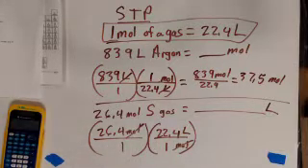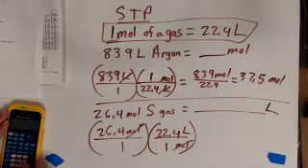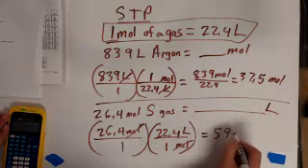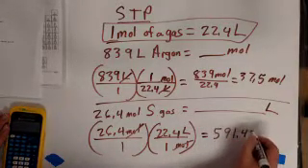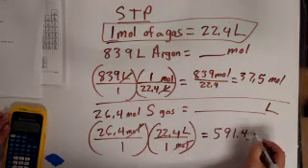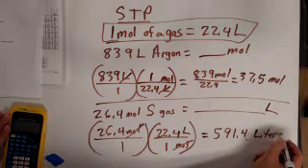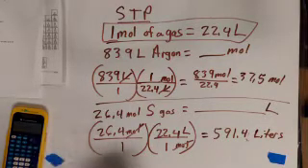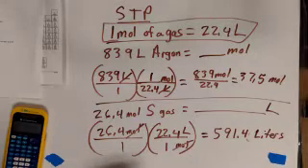Moles cancel. So we're going to say 26.4 times 22.4, and we get 591.4 liters. Okay? So that's how you convert from moles to liters and liters to moles.